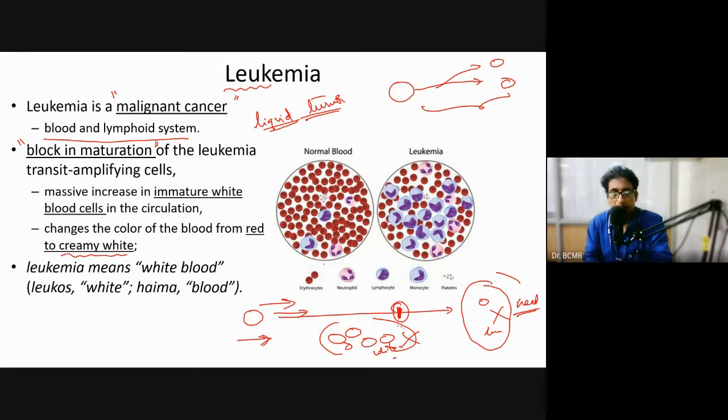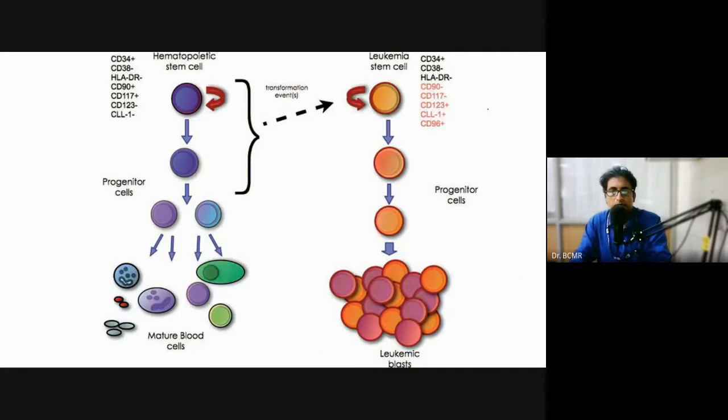Leukemia means white blood. So a normal blood is filled with so many red blood cells and these white blood cells, whereas in leukemia you have too many of these immature white blood cells, and that's why the coloration of the blood also changes.